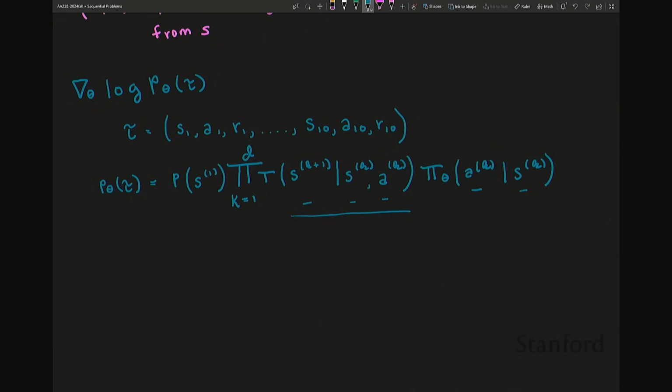And I think actually, Michael, please correct me if I'm wrong, but I think this should be starting from 2, right? The product here? No, because we're going to 2 from 1. On state 1. Yes. All right. So is it S to the K and then A to the K?